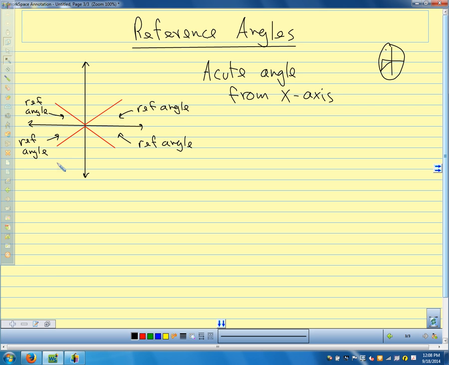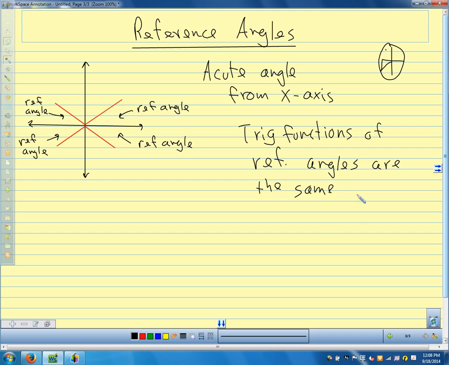The benefit of using a reference angle is that the trig functions of our reference angle are the same as the trig functions of our angles from the positive x-axis, except for maybe a positive or negative sign.